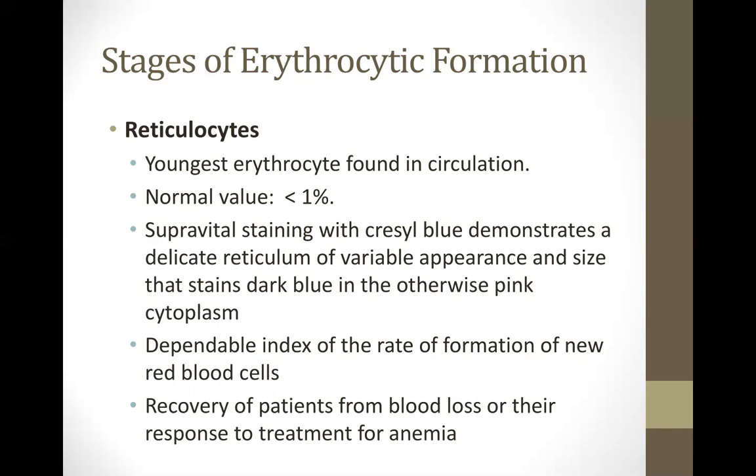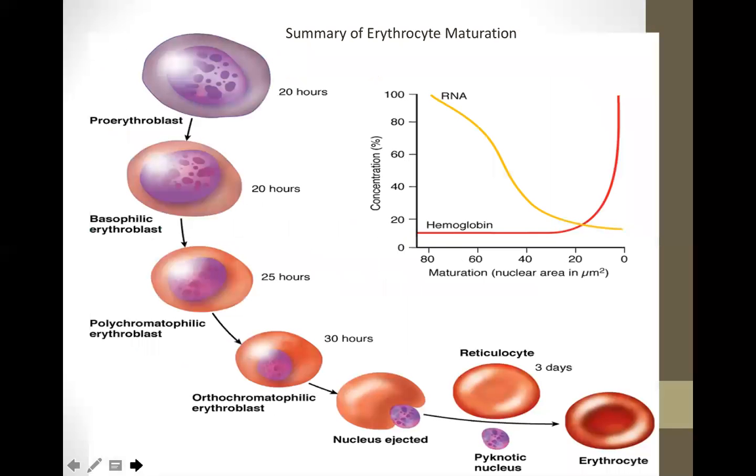Since ang body natin will detect blood loss, the reticulocyte, being the youngest erythrocyte that is found in the circulation, will become increased in response to blood loss. Kasi nga, dumadami na, nawawala ang RBC. Hindi naman sila namamatay, pero lumalabas sila sa circulation. That is why high reticulocyte count are found in these patients. Blood loss and in response for the treatment of anemia.